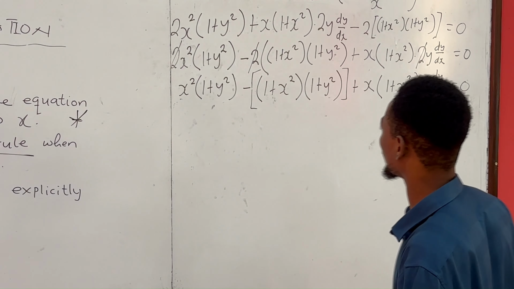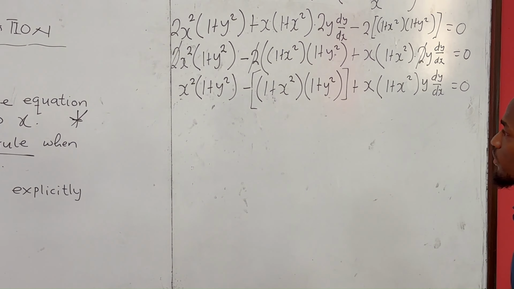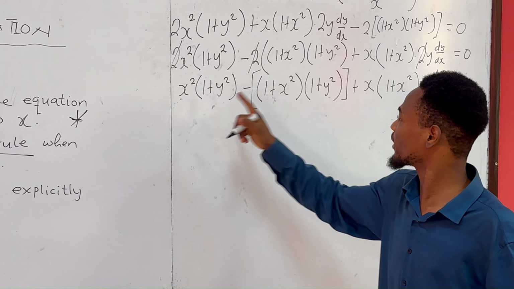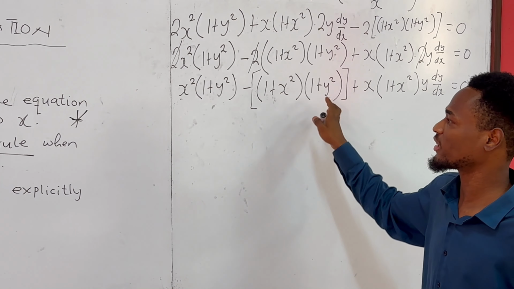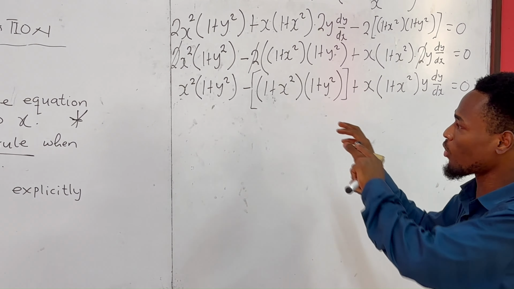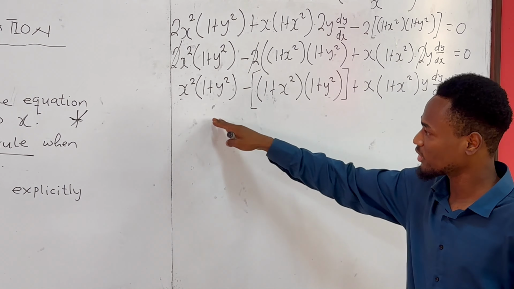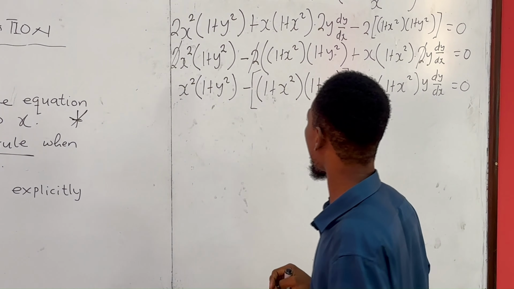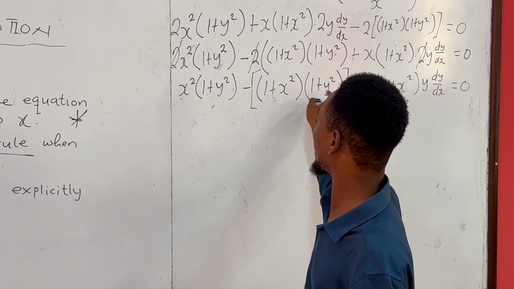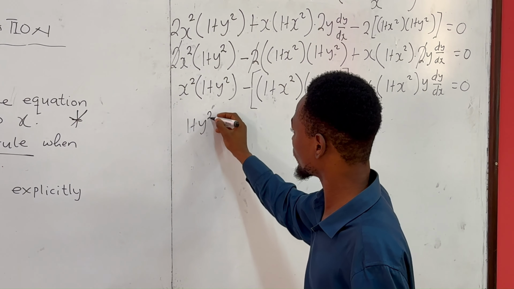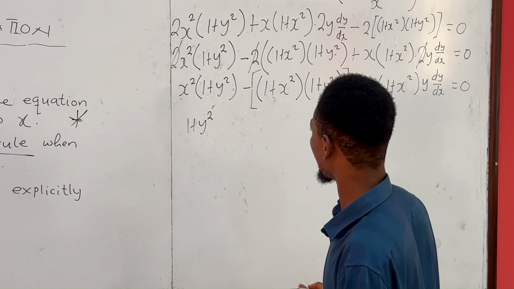Okay, let's see what happens over here. The expression 1 plus y squared over here and 1 plus y squared here, I can see a common factor. So I'll factorize the common factor over here, then proceed. The common factor here is what? 1 plus y squared. Is that not so?